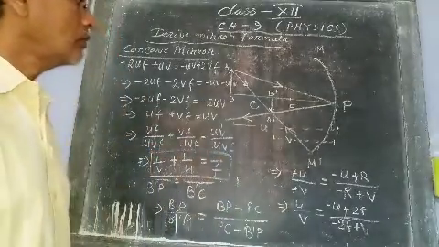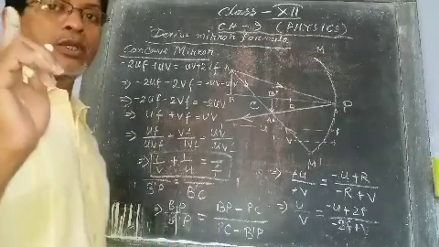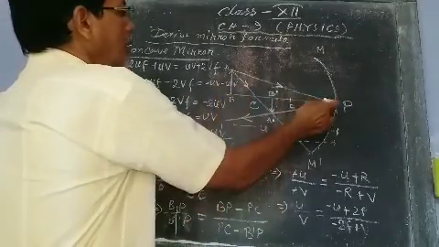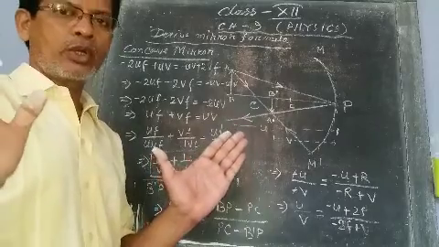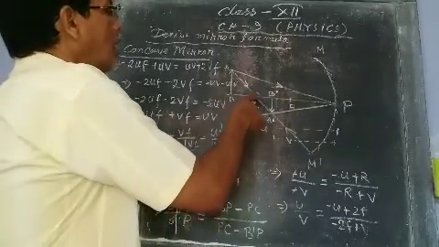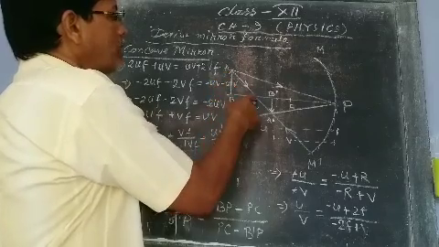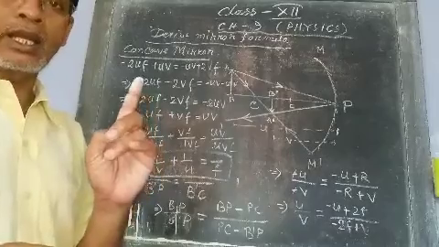Clear? First we have shown similar triangles ABP and A dash B dash P. From this we have got a relation. Then we have shown ABC and A dash B dash C similar. From this we have got another relation.